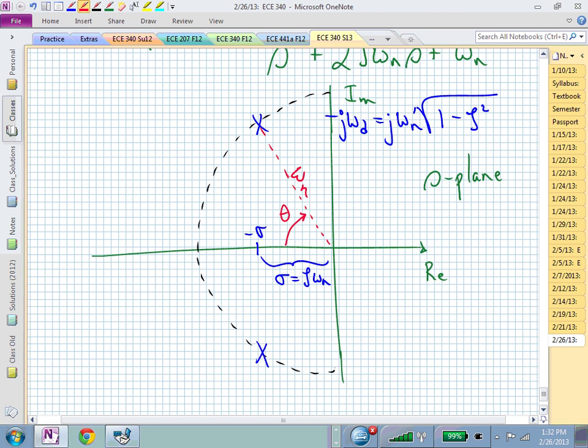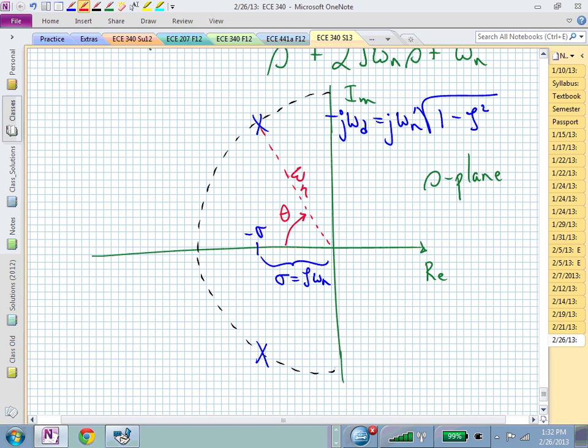Now, as we vary zeta, do you see how this pole will slide around that half circle? If we let zeta go all the way to 0, where's that set of poles going to be living?